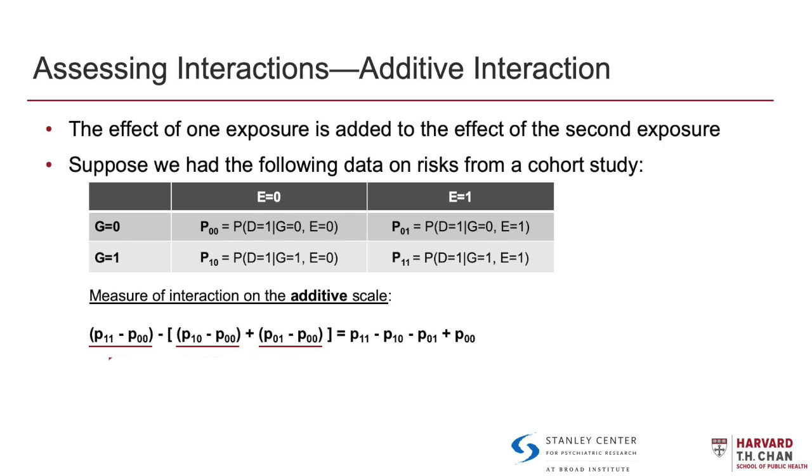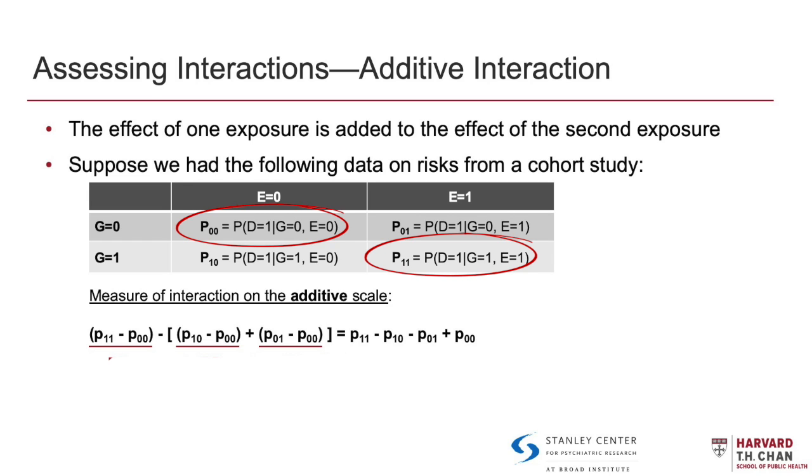The risk of the disease in the absence of both exposures is P sub 00. The risk in the presence of both is P11.